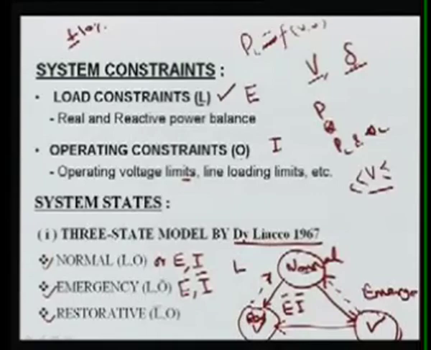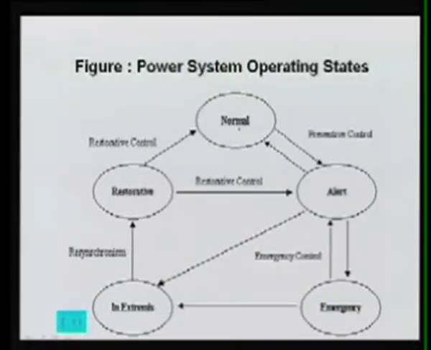After that there was a lot of research, and they gave the five-state model. You can see here the normal state, alert state, emergency, in extremis, and restorative. In the Dy Liacco model there were the normal state, the restorative state and the emergency state. But after that Fink and Carlson gave this five-state model.